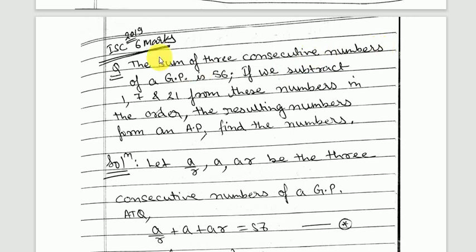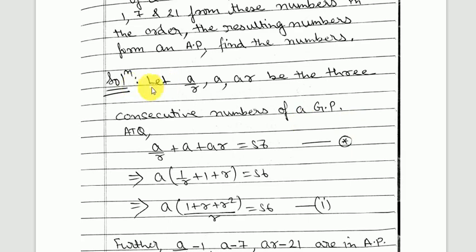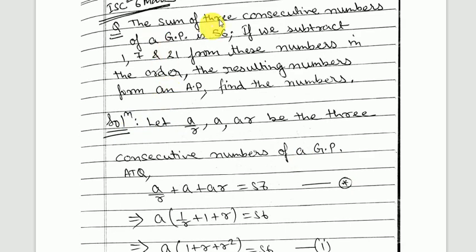If we subtract 1, 7 and 21 from these numbers in the order, the resulting numbers form an AP. Find the numbers. So let the three consecutive numbers in GP be A upon R, A, AR.